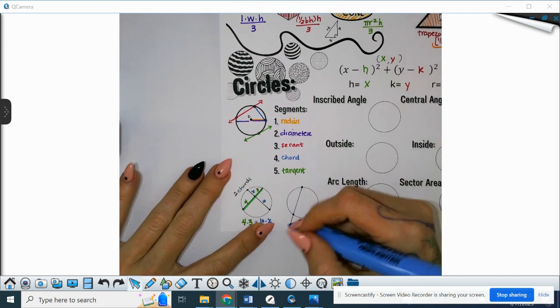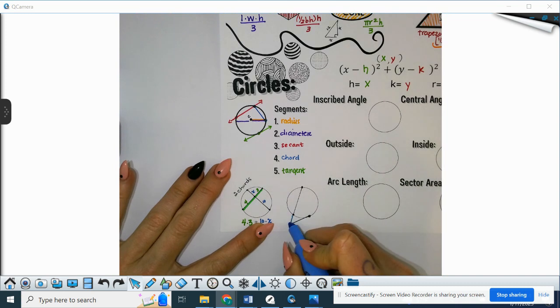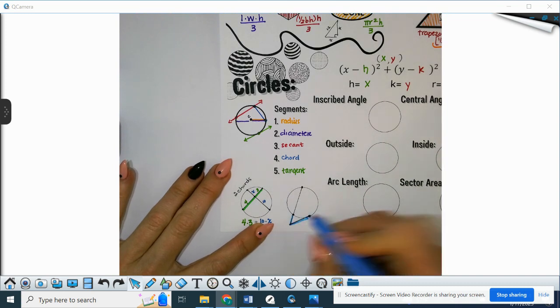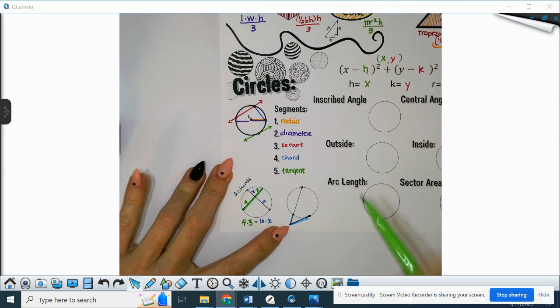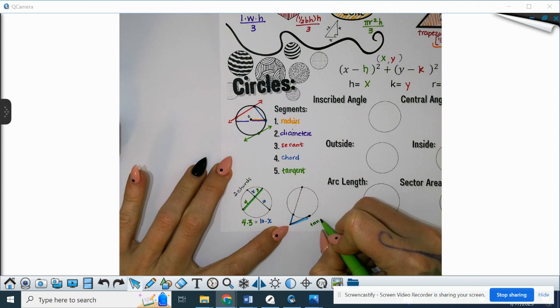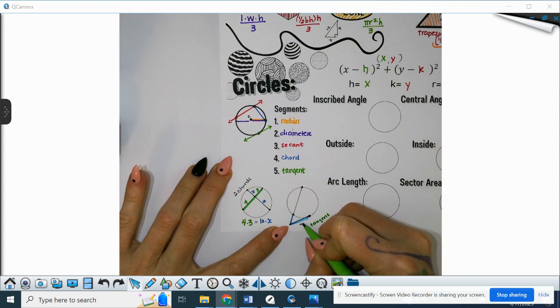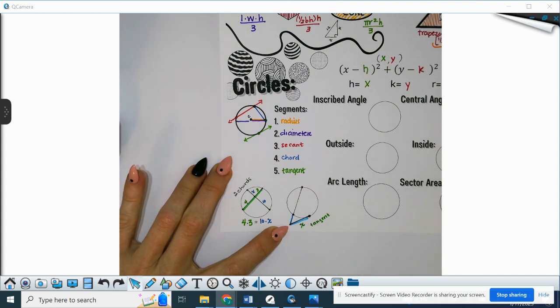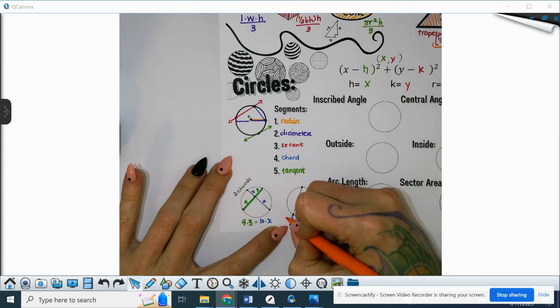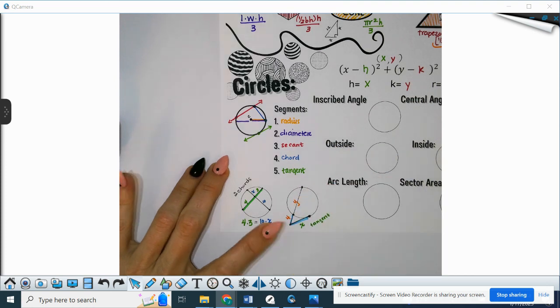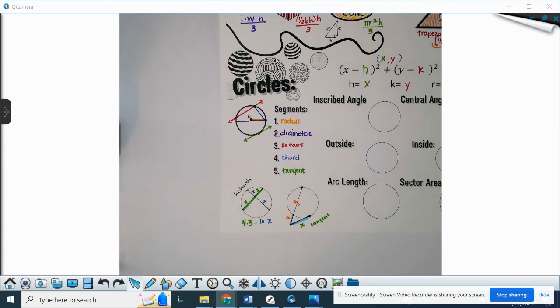This is on the outside and this is on the outside, right? Our tangent is down here. I'm going to call it X. And then our secant, let's do 4 and Y. We can't actually solve it, just so you can see how they relate to each other.